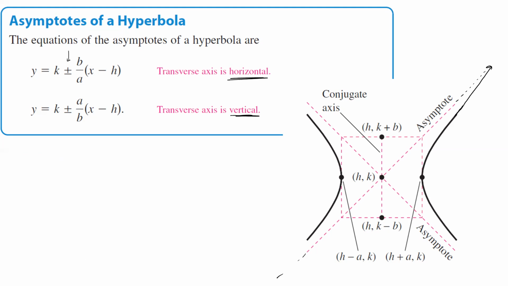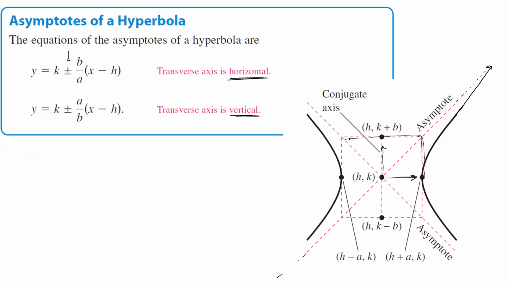Now there is a quick way to do the asymptotes. Notice that right over here has this little box. It's the distance to the vertex here. Then you also need to know your B value going up, and you make a box between the A and the B values.